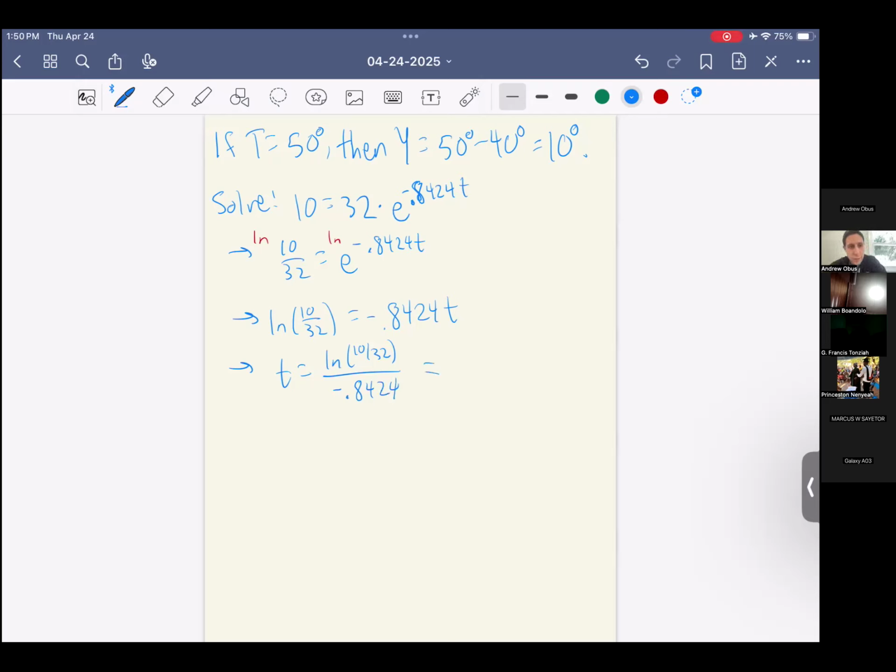So now again, we do this on a calculator: ln of 10 over 32 divided by minus 0.8424. And that's going to give me about 1.38 hours. So that's how long it's going to take to get down to 50 degrees.